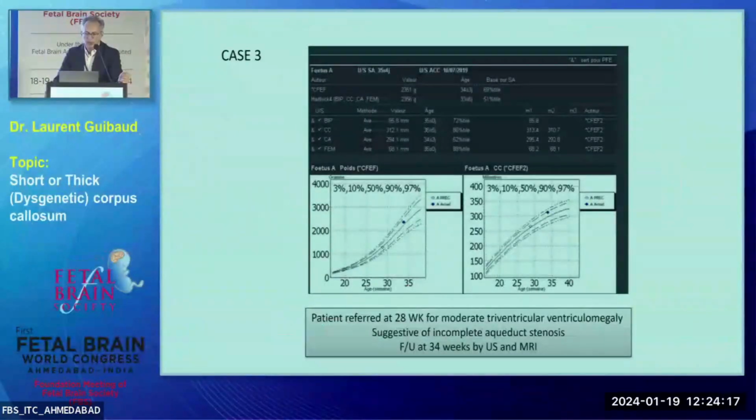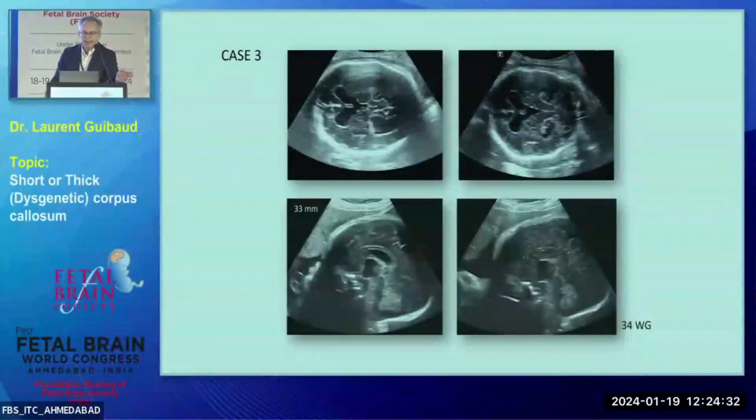The third case was a little bit tricky. We followed this patient for a triventricular ventriculomegaly suggestive of incomplete aqueductal stenosis, and we did an MR at 34 weeks of gestation. This is the ultrasound, and the corpus callosum at 34 was 33. It was, in fact, too short. Complete or not, difficult to say.